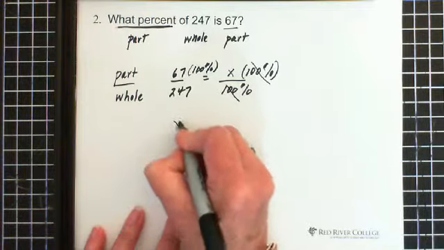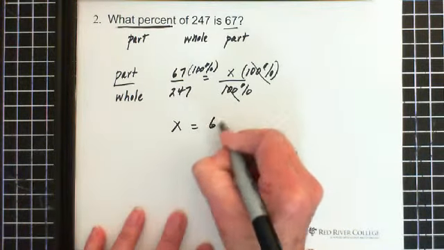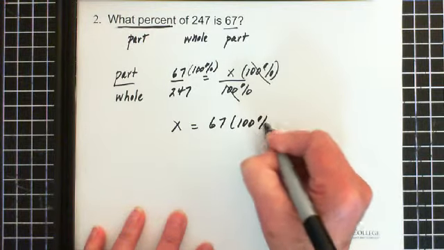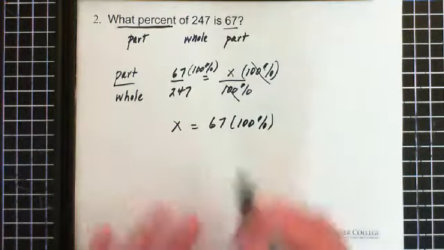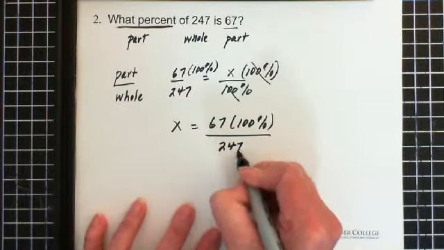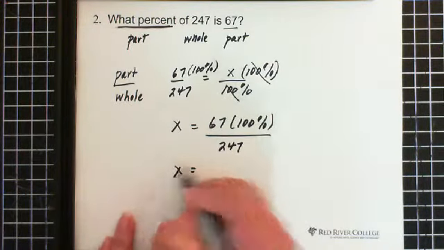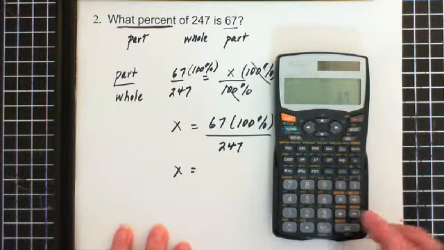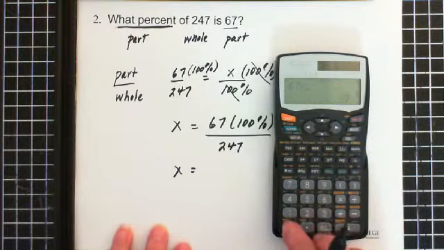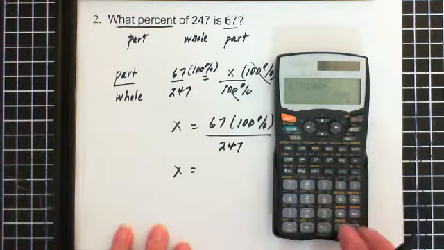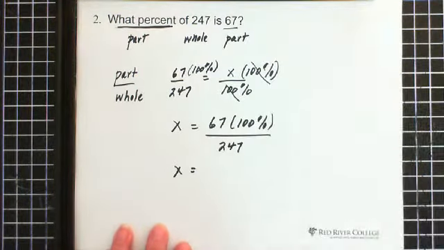So we're left with x equals 67 times 100% divided by 247. Now I'm just going to put that into my calculator. So we have 67 times 100 divided by 247 equals 27.125.